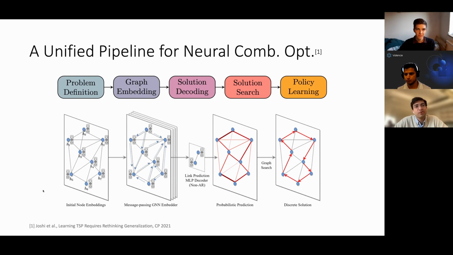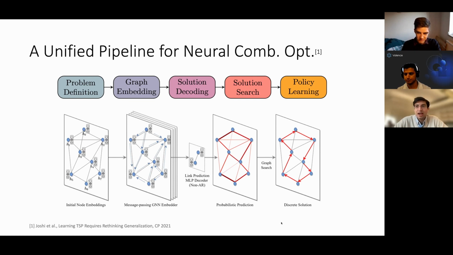A general blueprint is that you start with a graph, which you feed into your graph neural network to get some latent structural representations. And then you use those latent representations to come up with a probabilistic prediction about your combinatorial problem. And then what you need to do is go from the probabilistic prediction to a discrete solution.